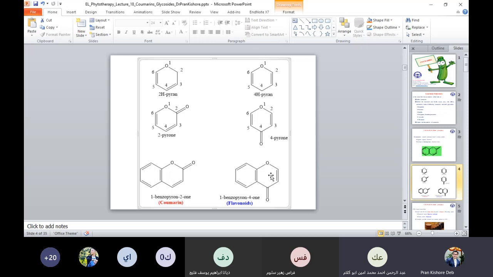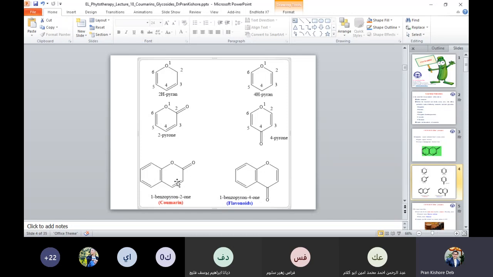Flavonoids are mainly derivatives of 4-benzopyrone, whereas coumarin is 2-benzopyrone. But I would like to remind you, I have come across certain literature which also claims that coumarin is a different class of flavonoid, that coumarin is part of flavonoid. You will also find this claim in certain literature, but when we say flavonoid, how do we differentiate them?